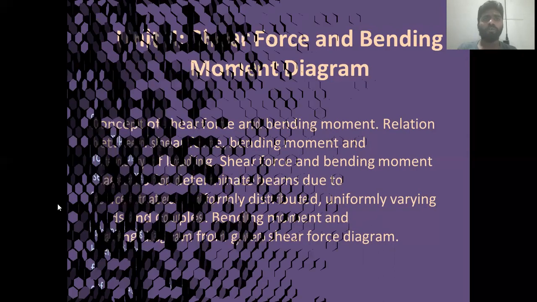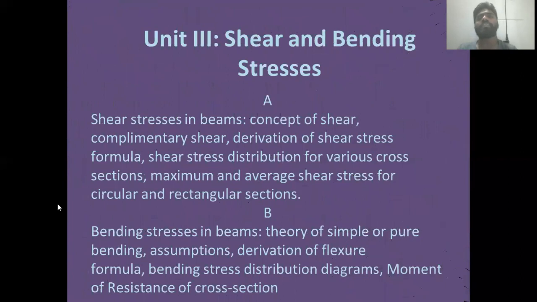So next, moving onwards, unit 3, shear and bending stresses. Shear forces are different and stresses are different. So in the third unit we are going to study the stresses. Okay, so there are two sections. In section A we are going to study the shear stresses in beams, and in section B we are going to study the bending stresses in beams.